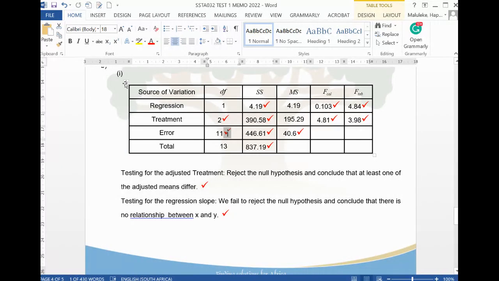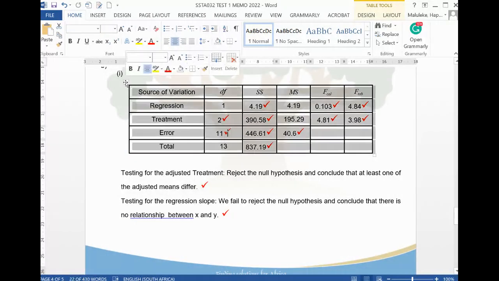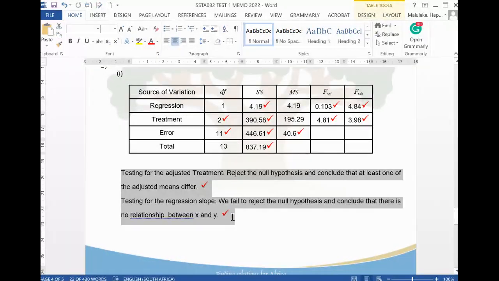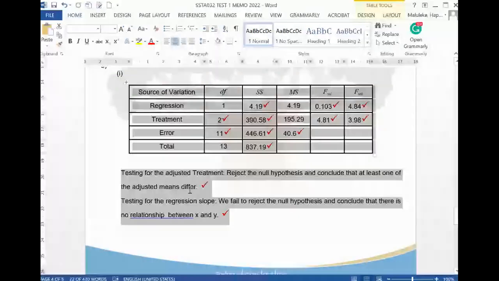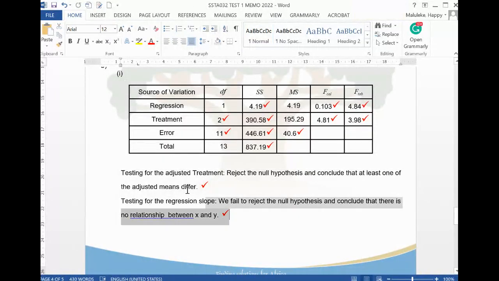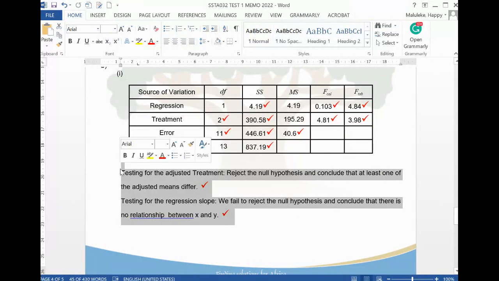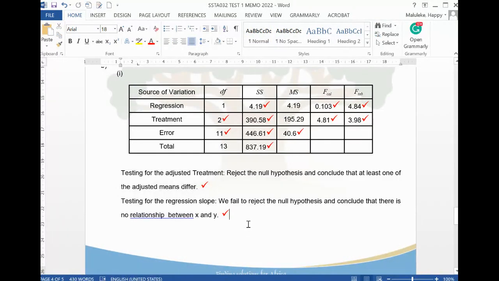It was allocated 10 marks: 10 marks to give me this part, to give me that part, and 2 marks to conclude. Understand the logic behind? 10 marks for the uncover, and then 2 marks for the testing part.